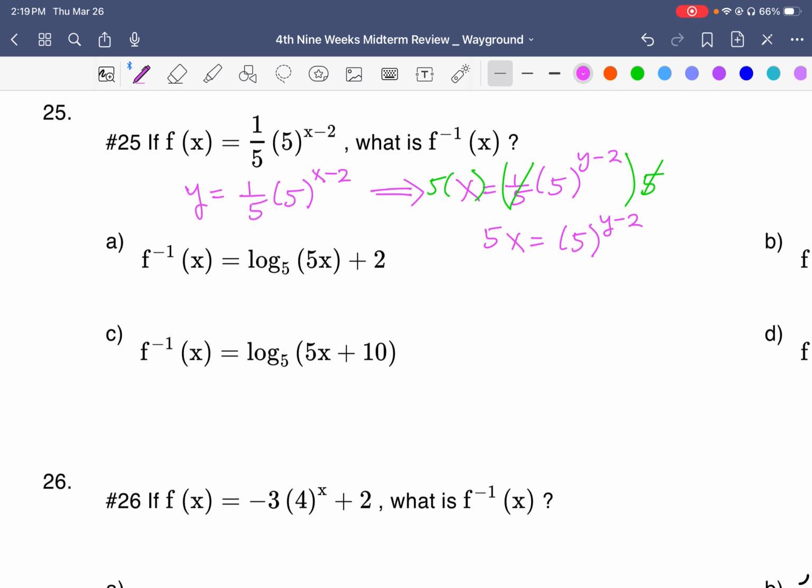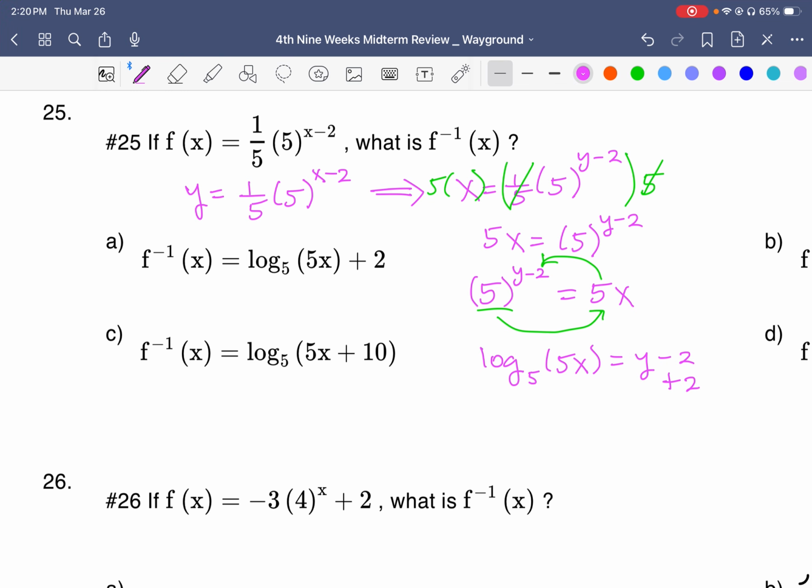I'm going to switch them around again so that the exponential is on the left-hand side. Equals 5x. And now we're going to do our loop. So I'm going to underline the base, go out, come back in. Now this was going in started as an exponential, so now I'm going to write it as a logarithm. So log base 5 of 5x equals y minus 2.